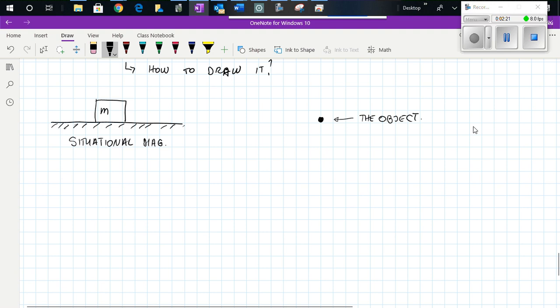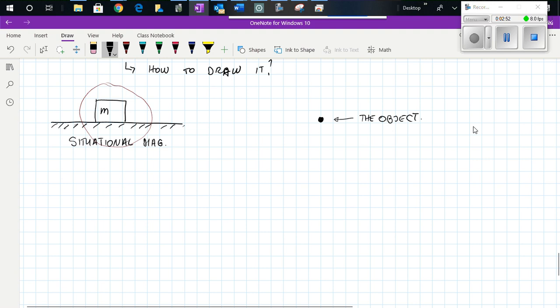Anyway, initially you may start by drawing a circle, and then see what forces this object is experiencing. But the key on the free body diagram is that all the forces will start at the dot that represents the object.